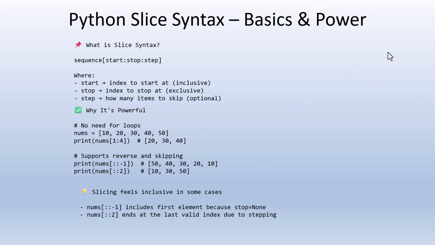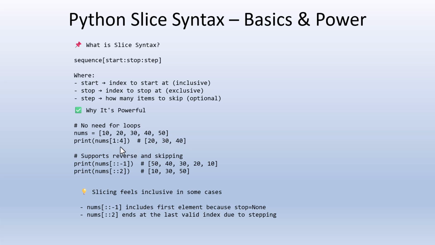Start is the index to start at, which is inclusive, and stop is the index to stop at, which is exclusive, and step is how many items to skip, which is optional. So why is it powerful? No need for loops. Nums is a Pythonic list with the elements 10, 20, 30, 40, 50. And if you print nums[1:4], it will print out 20, 30, 40.